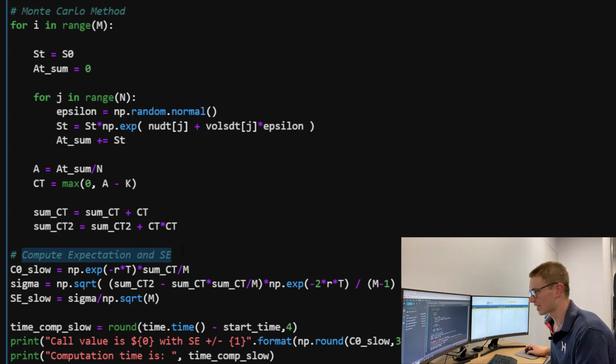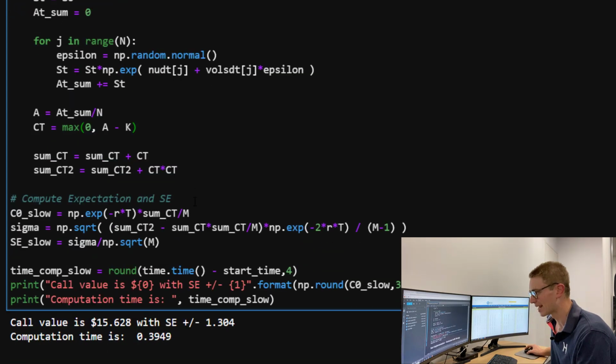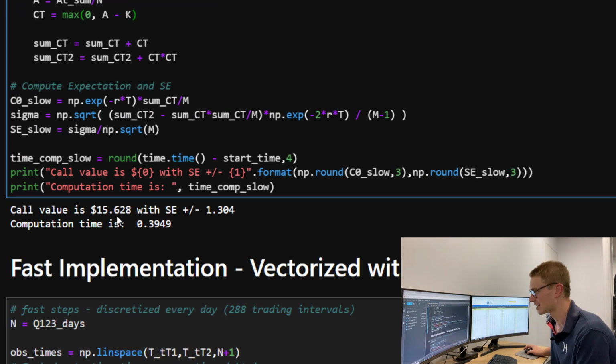So we're going to compute the expectation, which is we just take over all of these Monte Carlo simulations, our 1,000, what is the average discounted expectation price of this arithmetic average rate option. And here we've got that it's $15.60 with a standard error of 1.3 with a computation time of 0.39.